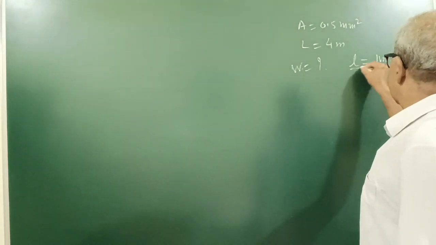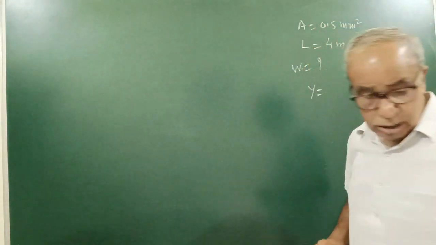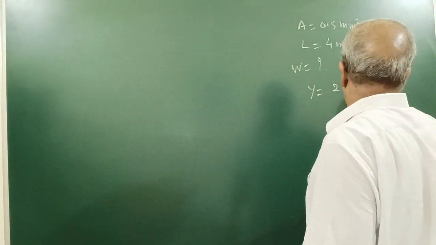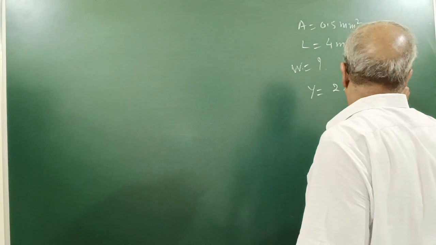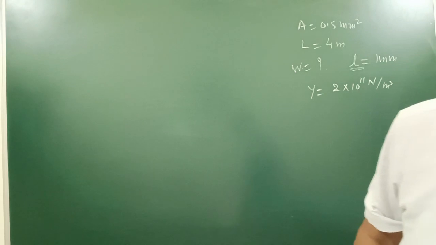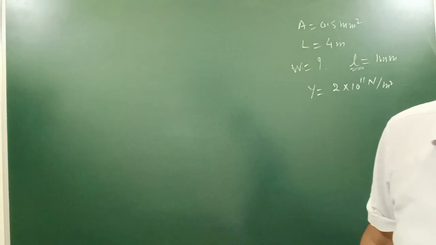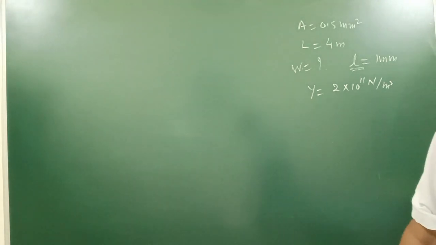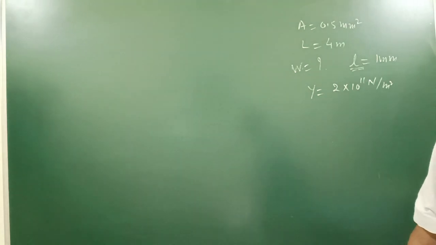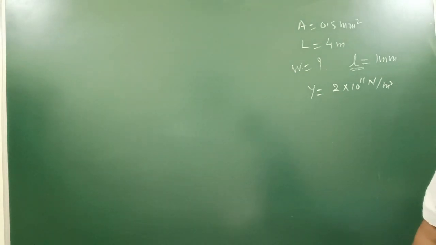Y, the Young's modulus, is given as 2 into 10 to the power 11 Newton per meter square. I am reading the question again: the area of cross section and length of the wire are 0.5 millimeter square and 4 meter respectively. How much work will be done to increase the length by 1 millimeter? Young's modulus of elasticity is given.